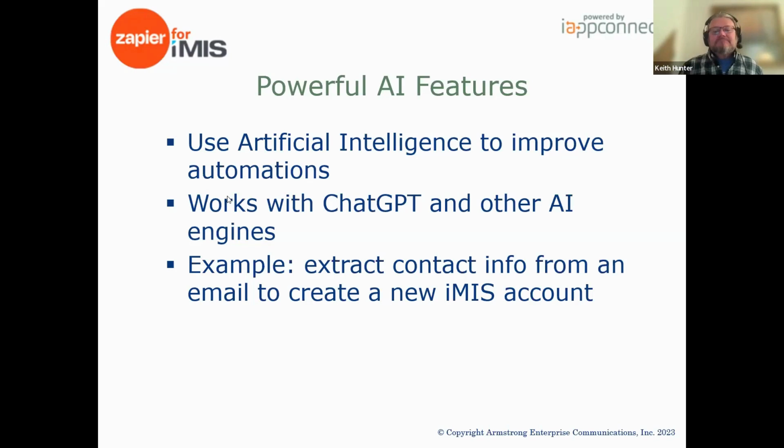So AI works with ChatGPT, other AI engines. And so, here's an example of using AI to do something that we've got clients actually using in a few different cases, where an email may come into an email address and you want to create a record for that, or update a record. We have a client that's using VA's Visual Anecdotes case management, and when an email comes in, they actually use Zapier to read the email, put the data into fields, and then update the case related to the email that came in automatically.